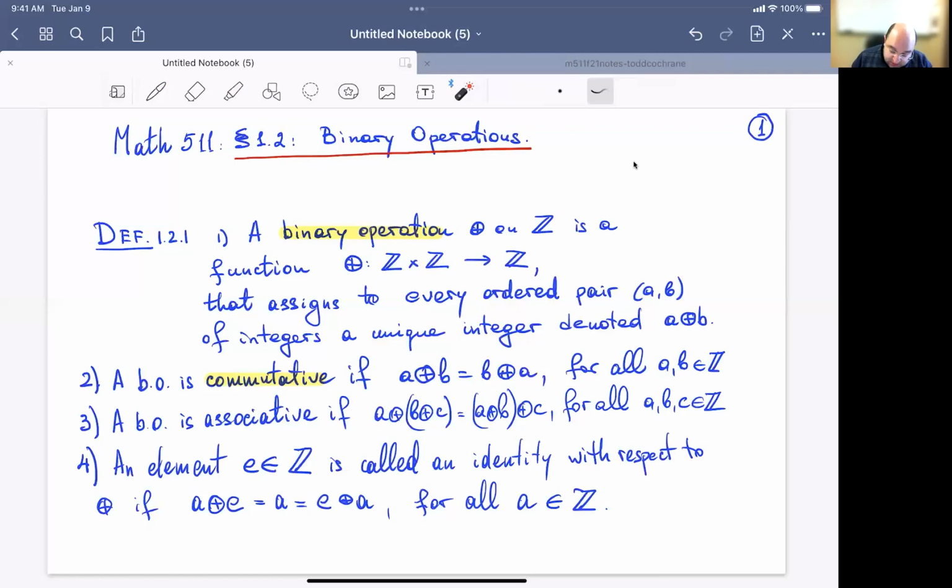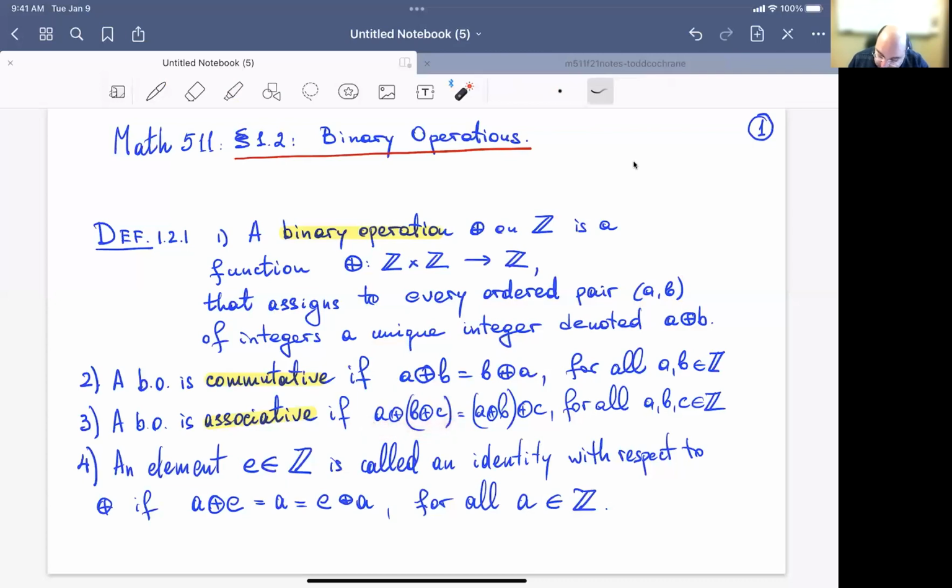Similarly, a binary operation is associative if we have this property here. We have three elements now, a, b, and c. Since a binary operation works only for pairs, we can first take the result of b ⊕ c and then apply a to that result.